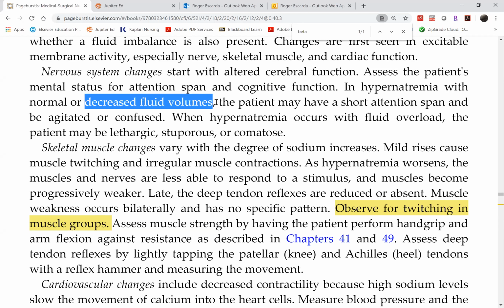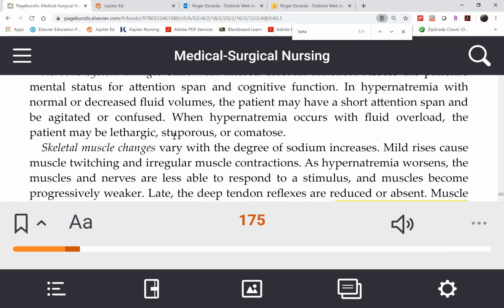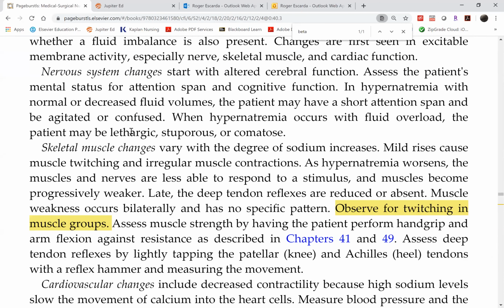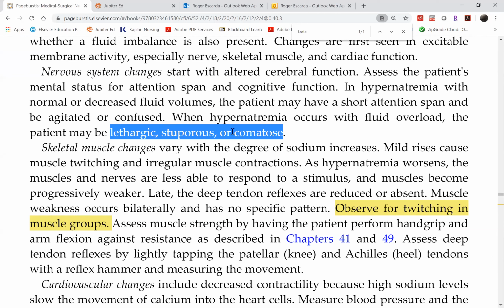So it always causes a deficiency in the volume because of osmosis. Water will be drawn into the bloodstream from hypernatremia, shrinking your brain cells. So the patient's manifestations will be lethargy, stupor, and coma, meaning do you have enough stimulation of the brain if you're lethargic?